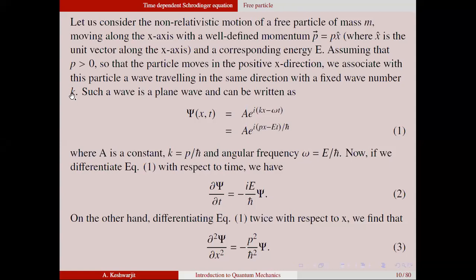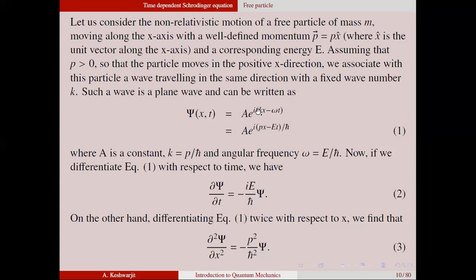So if the particle has a fixed value of momentum, then it also has a fixed value of wave number k. Such a wave is a plane wave, and a plane wave can be written in this form: A e to the power i(kx minus omega t).